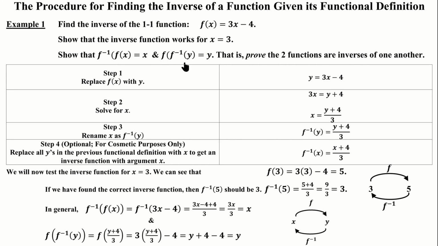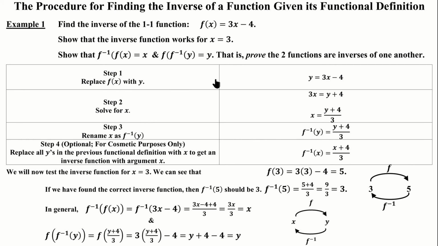And finally, by doing so, we have proven that the two functions are inverses. When we do a demonstration for just one point, it's nice to convince us we probably have the right inverse, but when we do this, we go beyond demonstrating. We actually prove that they're inverse functions.